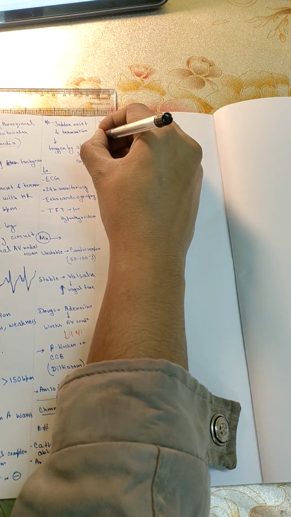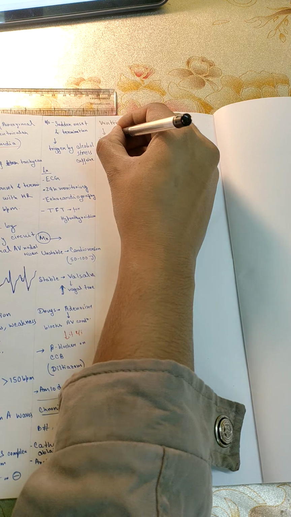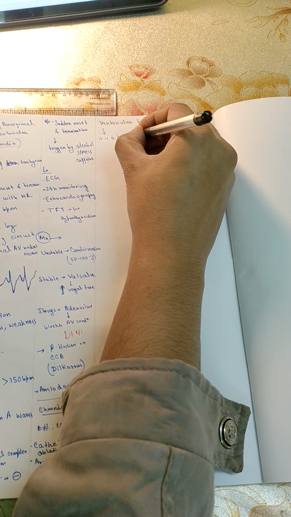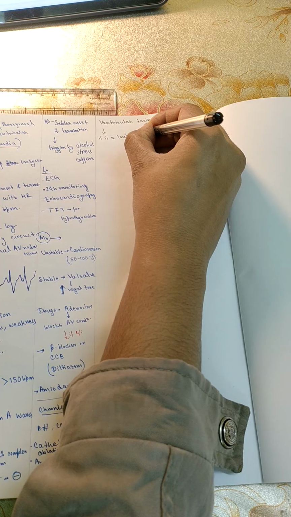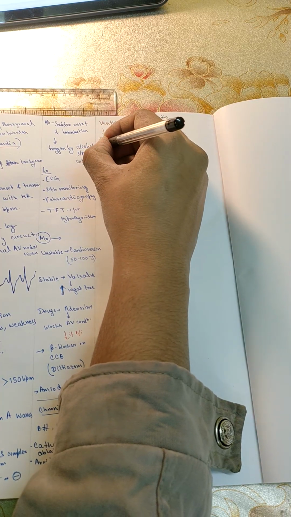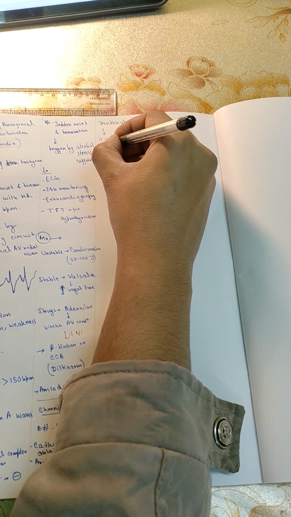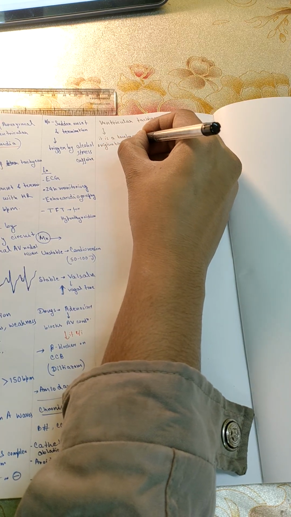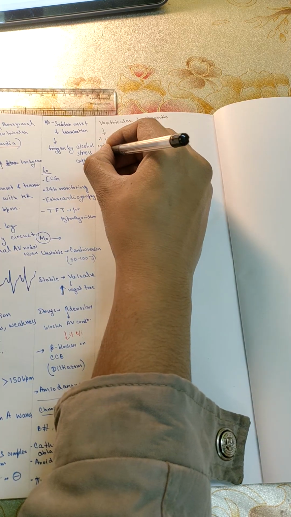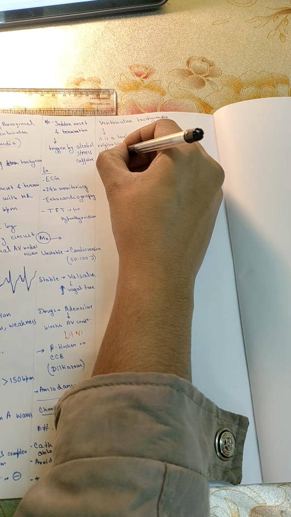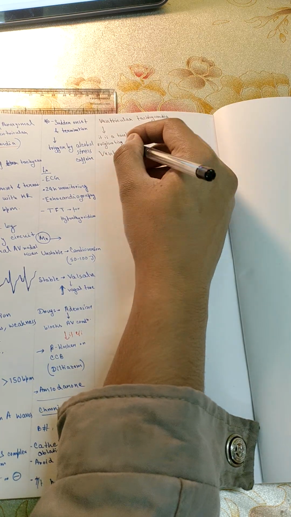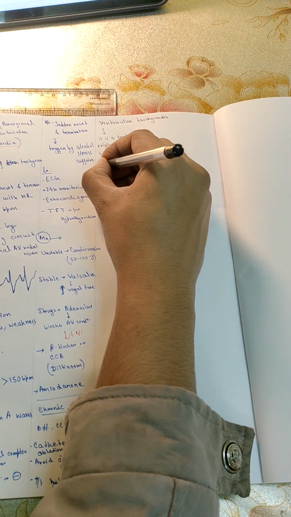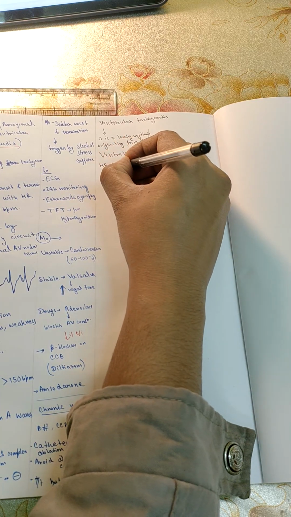So it is a tachyarrhythmia originating from the ventricles, characterized by heart rate more than 100 beats per minute.